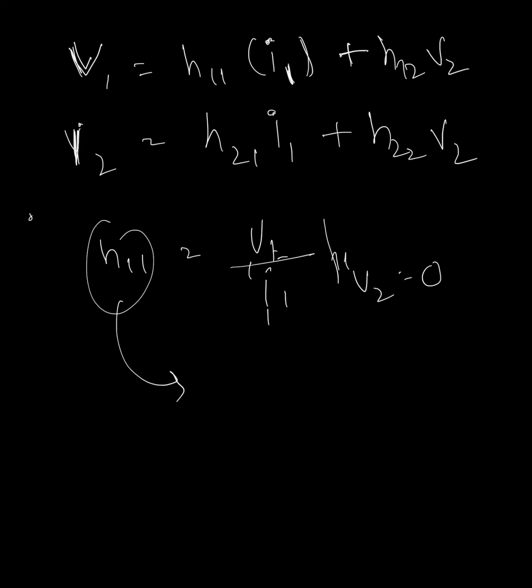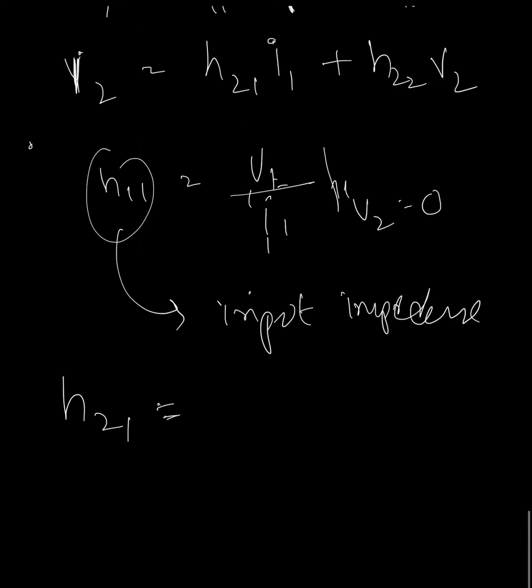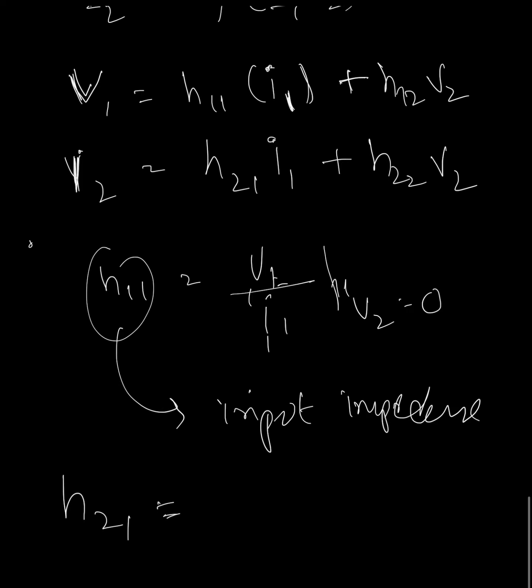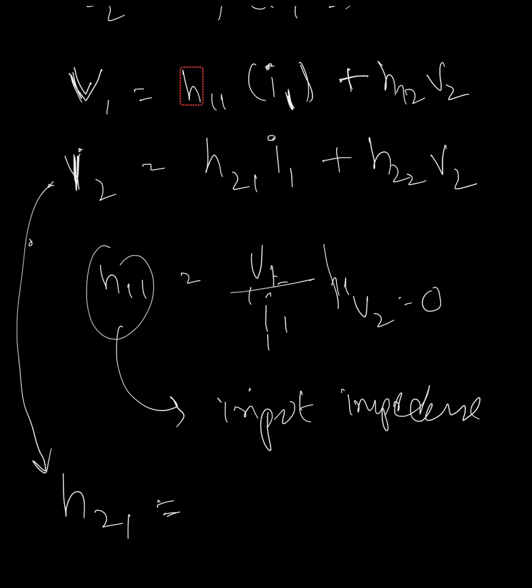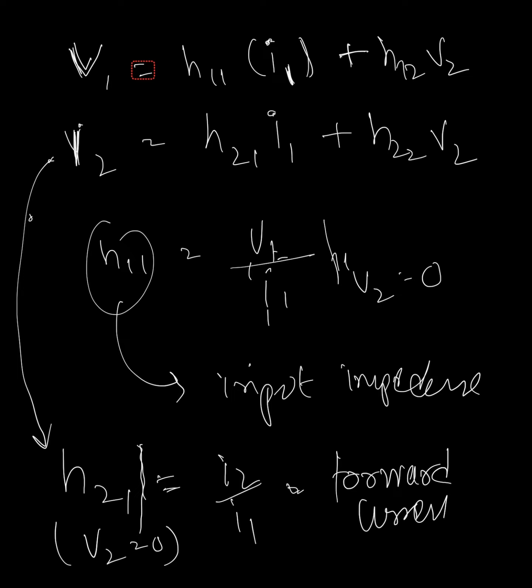This parameter gives us the input impedance, and secondly now H21, which is this parameter from this equation, when V2 is equal to 0, H21 will be equal to I2 by I1, which is the forward current gain.